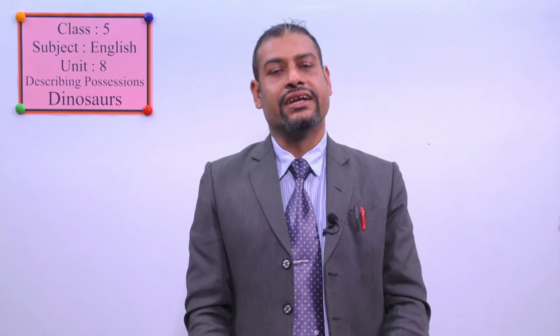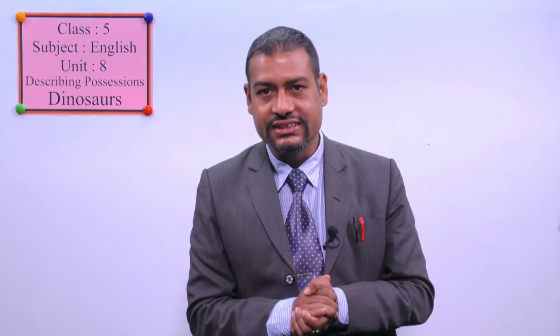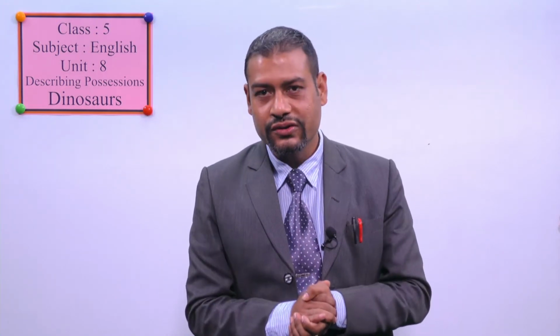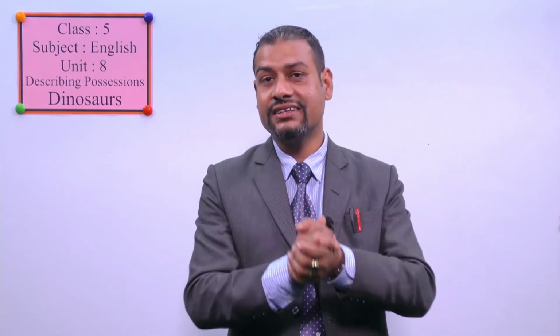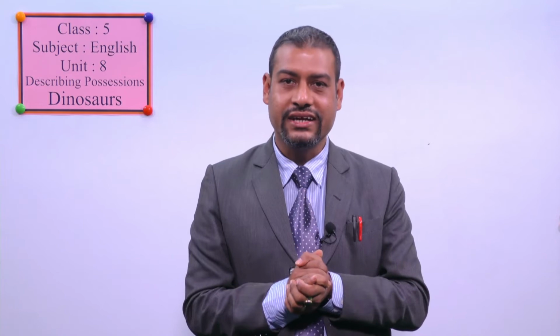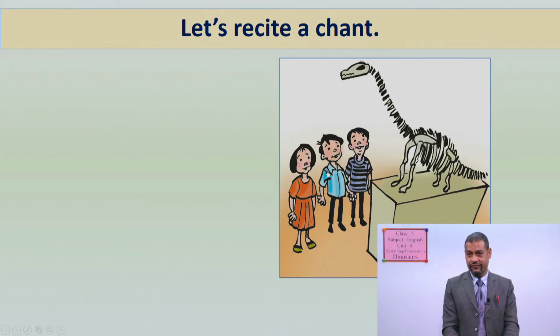Dear students, now you have to look at the slide. I want to show you a chant. And first of all, we will recite the chant together. Okay? So, now look at what's written here. Let's recite a chant. So, what do you see in the picture here? Fine. See, there is an animal.